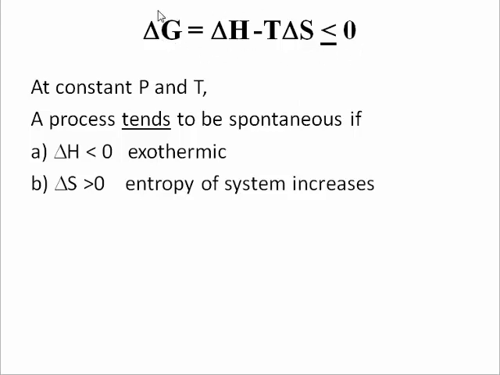All right. Let's consider this condition: delta G equals delta H minus T delta S is less than or equal to 0. This whole condition holds at constant P and T, and this means a process tends to be spontaneous if delta H is less than 0. If this is negative, it will tend to make delta G negative. And if delta S is greater than 0, if delta S is positive, since T is always positive, that would also tend to make delta G more negative.